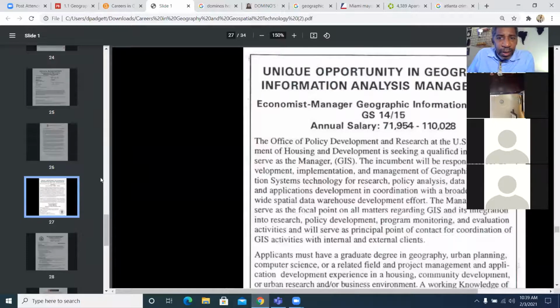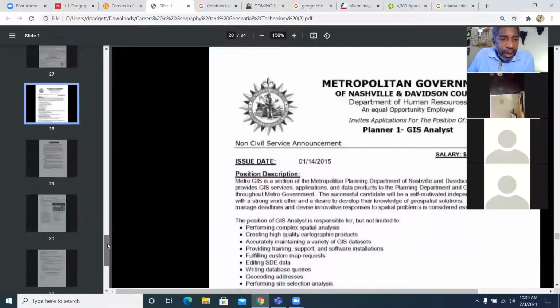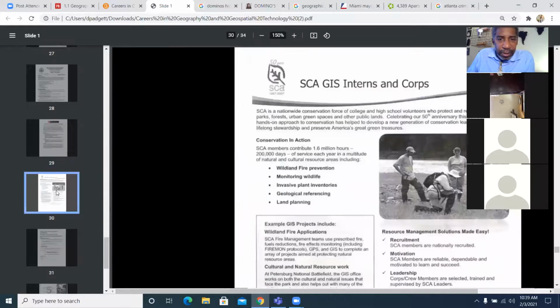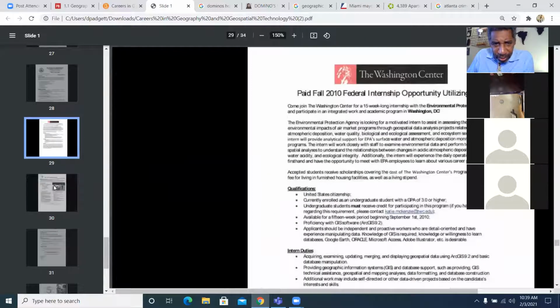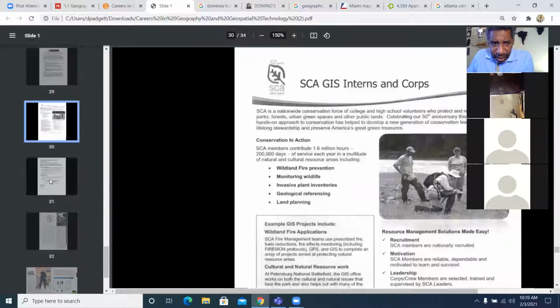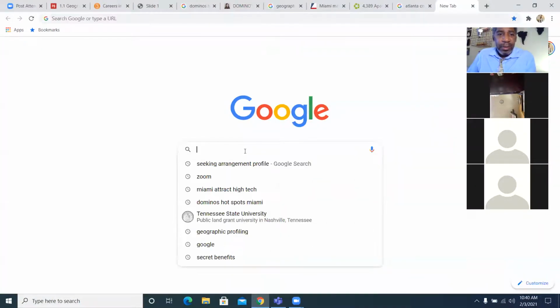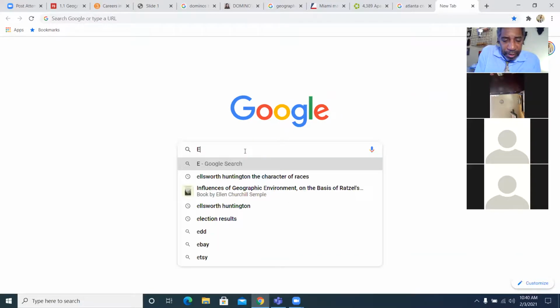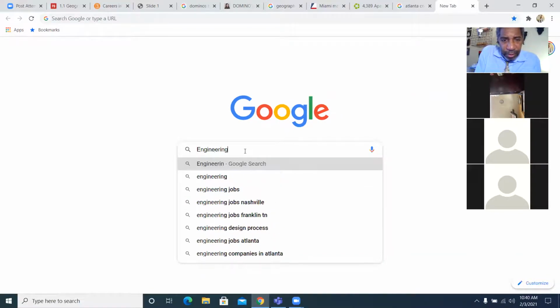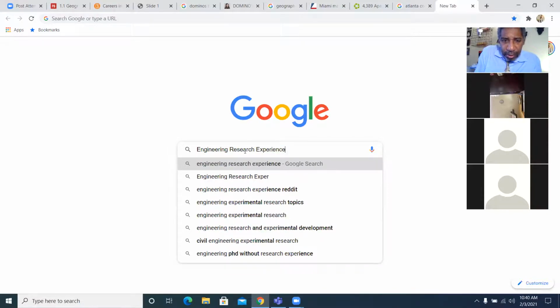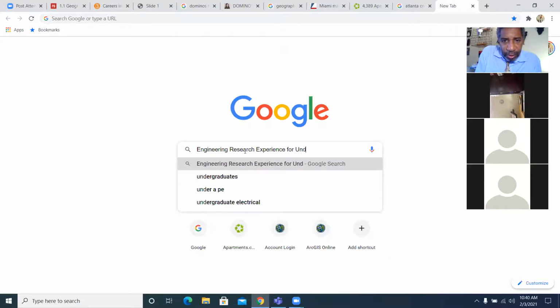Again, more government jobs, but I wanted to get down to these last couple of experiences. Lots of internships. Be sure to look at these internship programs. They're still active, even though these ads are kind of old. These research experiences for undergraduates, all of you should look at. So let's say engineering, you should type in your major and then type research experience for undergraduates.